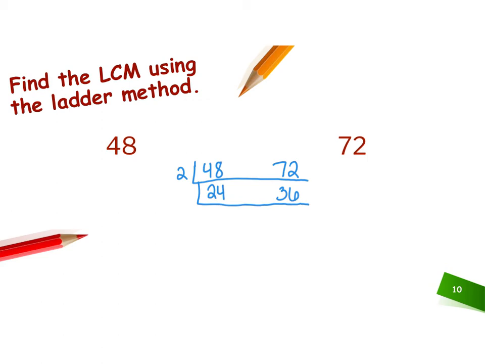Both of these numbers are even numbers, so again, they can be divided by 2. 24 divided by 2 is 12. And 36 divided by 2 is 18.